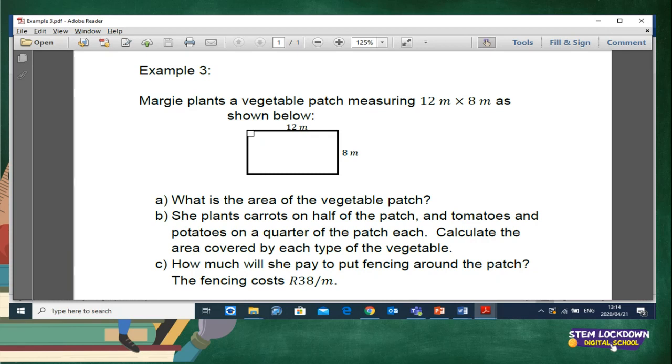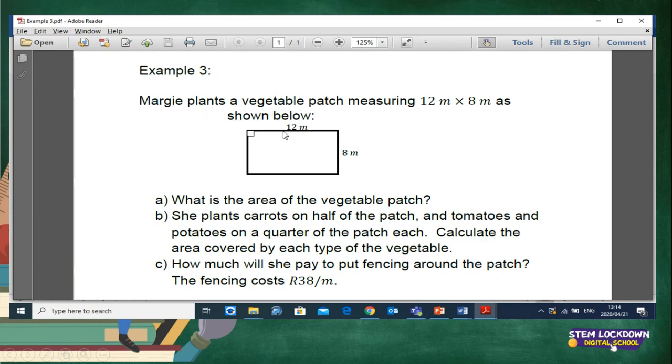The length is 12 meters, as you can see. That's the longest side. And the breadth, which is the shortest side, will be 8 meters as reflected. And by the way, we can see that this is a rectangle. How do we know it's a rectangle? Because of the 90 degrees that we can see there in the corner here.